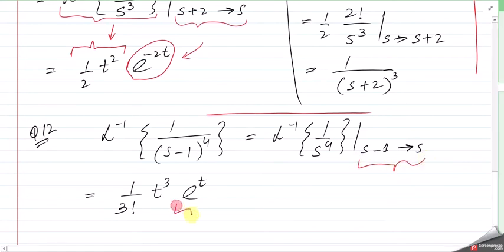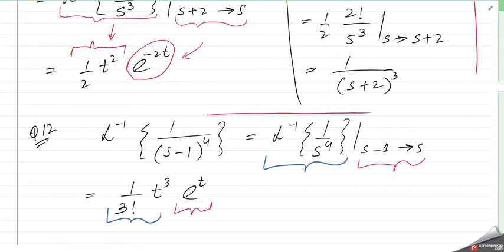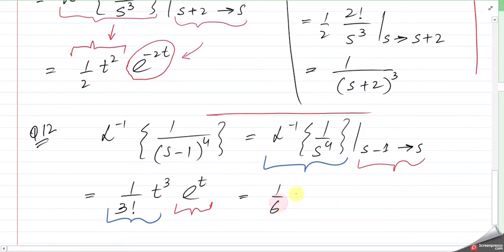Do not forget to attach e power t. The inverse, I'll use a different color for this. The inverse is this part, and this shift is giving e power t. So my final answer would be 1 by 6 t cube e power t.